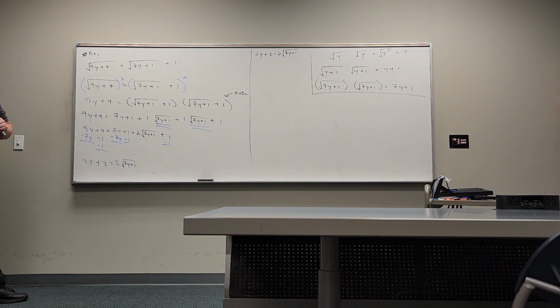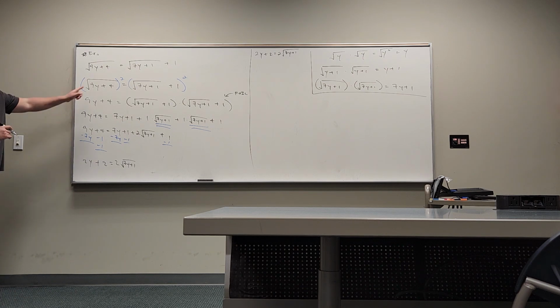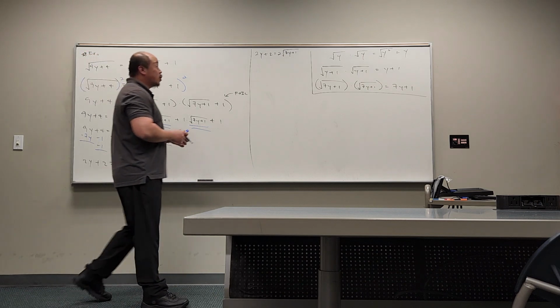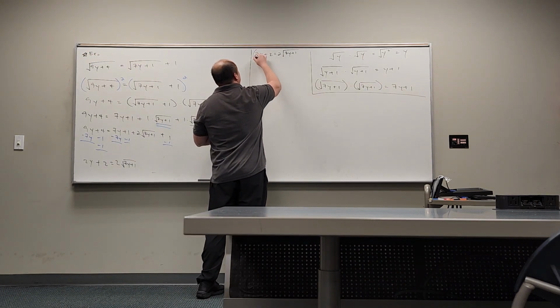At this point, I will do the same trick as what we did before. I'll go ahead and apply square on both sides.